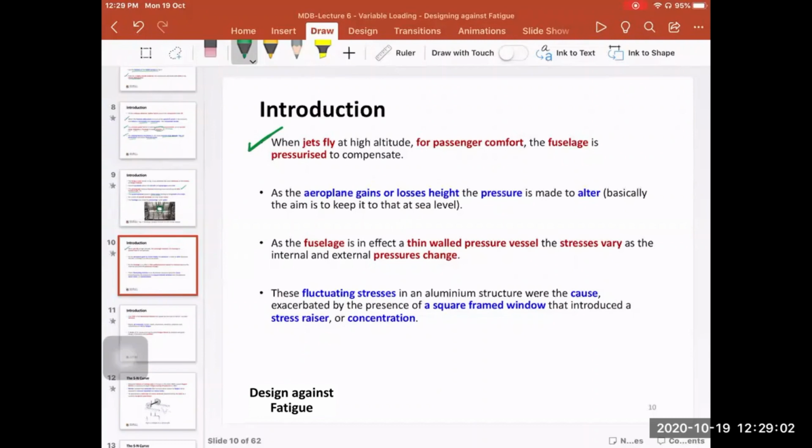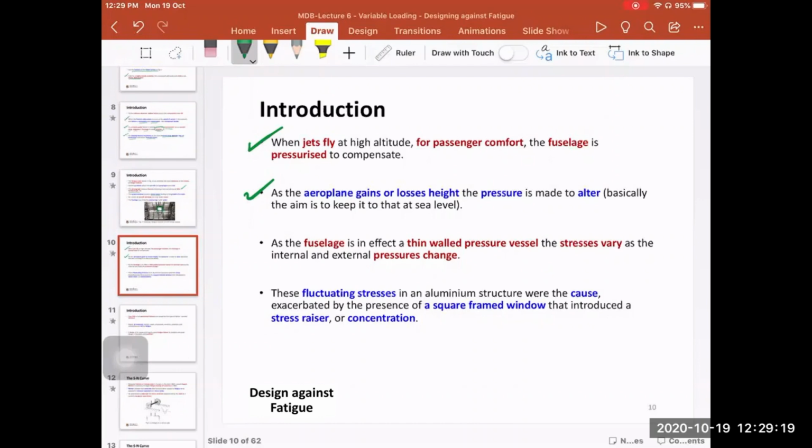So when the airplane gains or loses height, they keep changing the pressure. They are either increasing the pressure or decreasing the pressure.